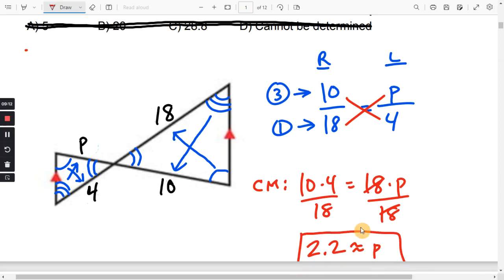Now, you don't necessarily have to draw in all the angles and such. Just think of it as crisscrossed. You can say 4 divided by 18 equals P divided by 10.